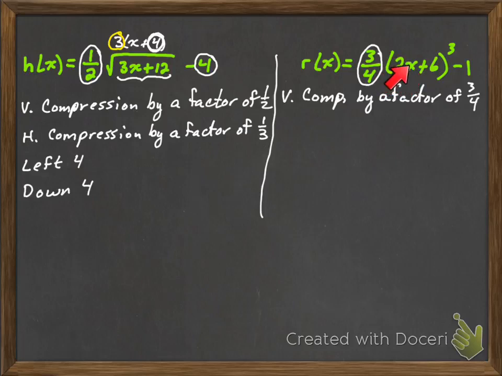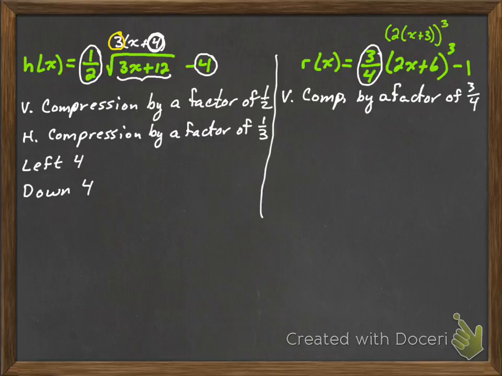Now once again, you'll see that we have 2x plus 6. We have a number in front of the x, just like we had right here. Therefore, we have to factor 2 out of both of these terms right here. What that will make this is now 2 parenthesis x plus 3 and then cubed.